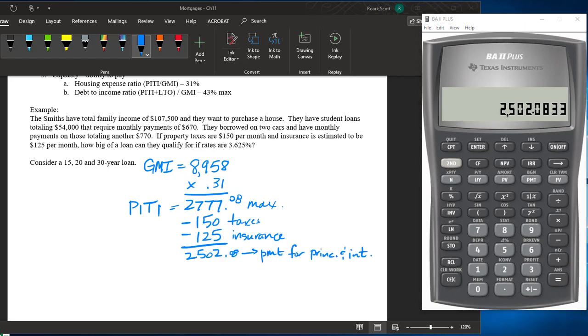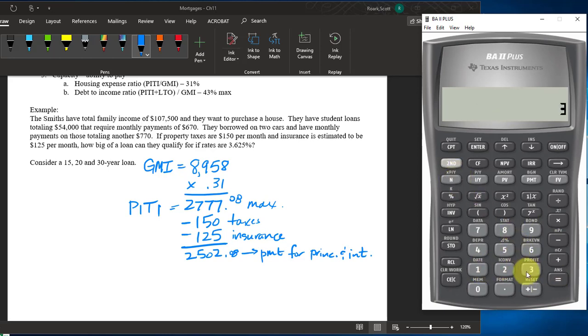So that is a simple problem from a previous chapter where we just stick that in as the payment amount and figure out what amount they can get. Let's go ahead and stick this in as the payment. Actually, I should change the sign, make it a negative. And then let's try first for the 15-year loan. So 15 times 12 is 180 periods.